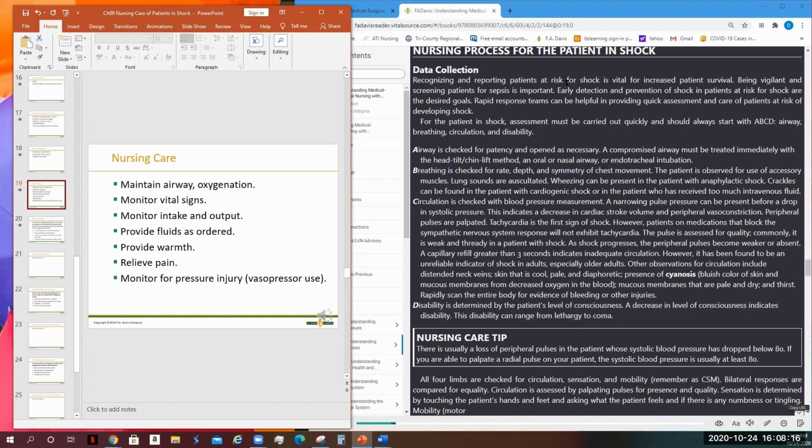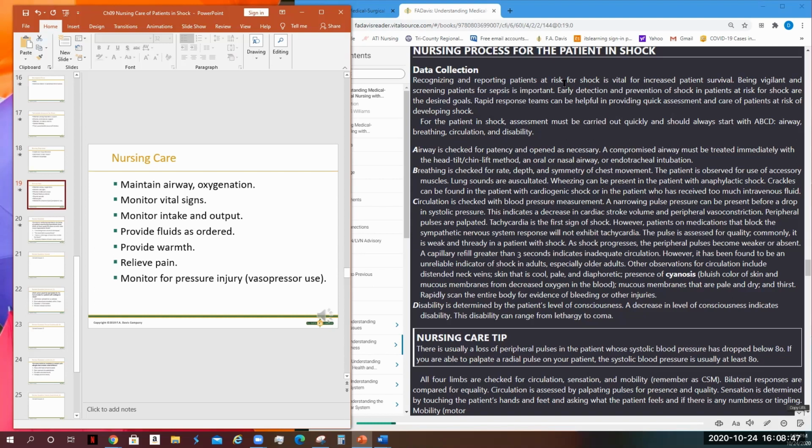Other observations for circulation include distended neck veins, skin that is cool, pale, and diaphoretic, or sweaty, clammy, the presence of cyanosis, a bluish color of skin and mucous membranes from decreased oxygen in the blood, mucous membranes that are pale and dry, and thirst.